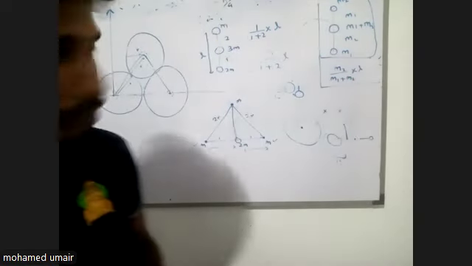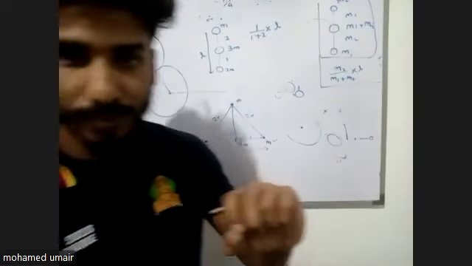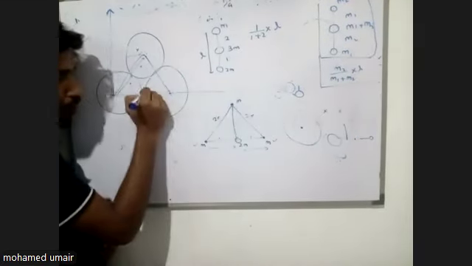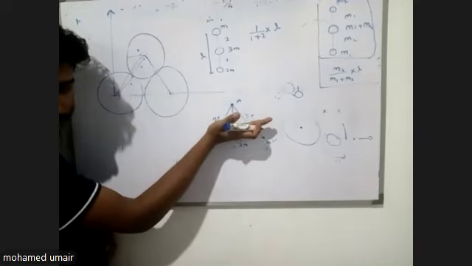Okay. So this is not important because we are finding the location of the center of mass from the x-axis. So the axis is this way, where the 2m is located. So from here we have to find it.